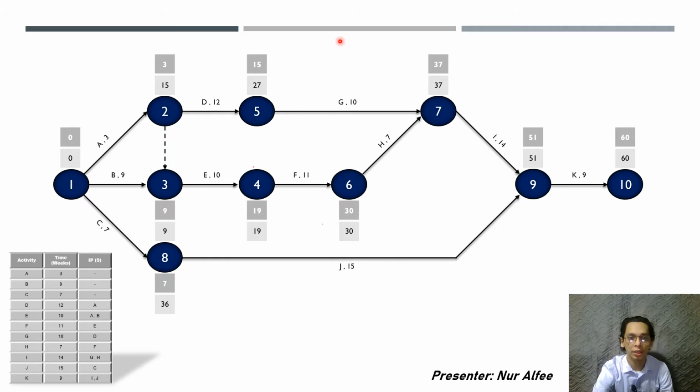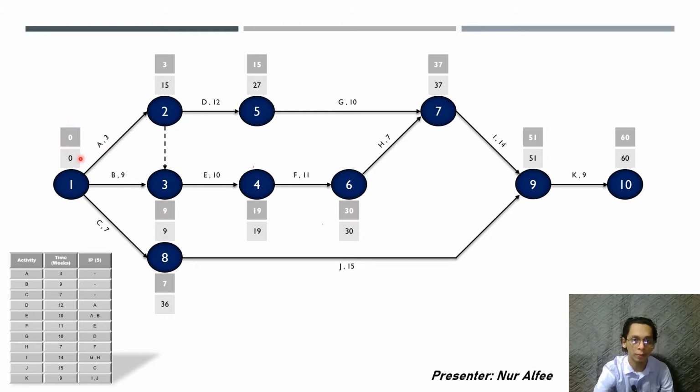As you can see from the PERT diagram, I have written down all the EET and LET. The darker shade of the table, the top one, indicates the EET, while the lighter shade is the LET. How to calculate? The first event must start with 0.